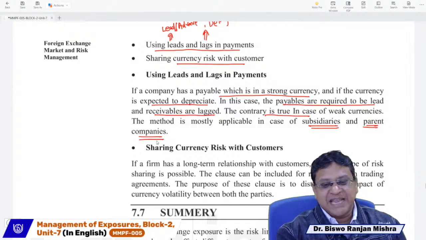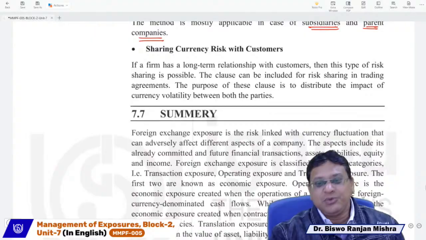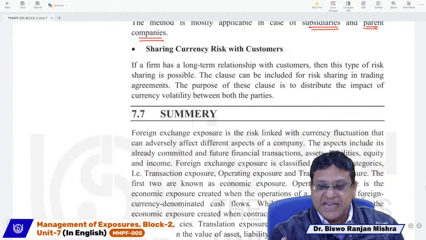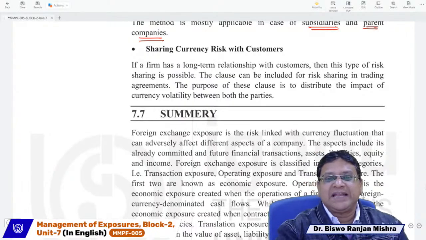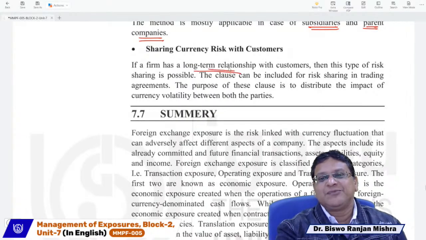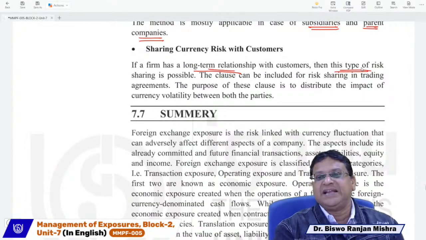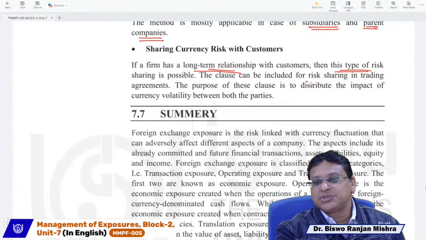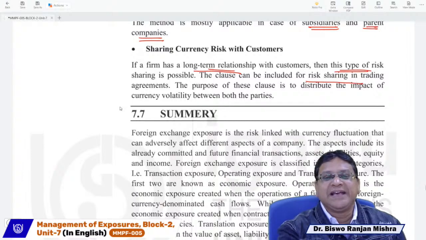Next one is sharing currency risk with customer. While you do business with foreign clients, you try to develop a relationship with foreign customers. And you create a long-term relationship with the customer. And you tell that if the currency risk is so much in our business relationship, let's decide to share the risk between ourselves through trading agreements.